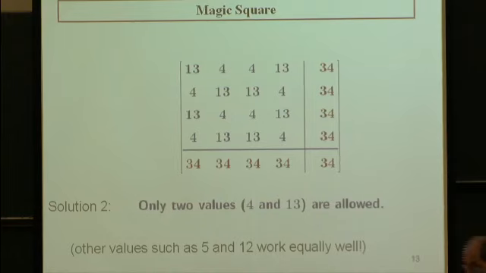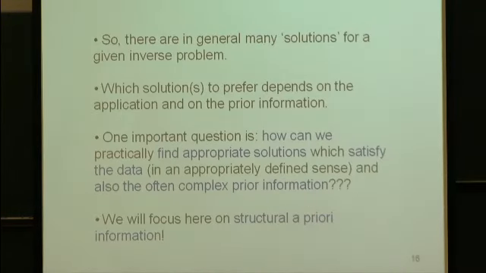And that's what I want to focus on. So how can we construct algorithms which give me a certain solution to my inverse problem, which satisfies certain structural a priori information?